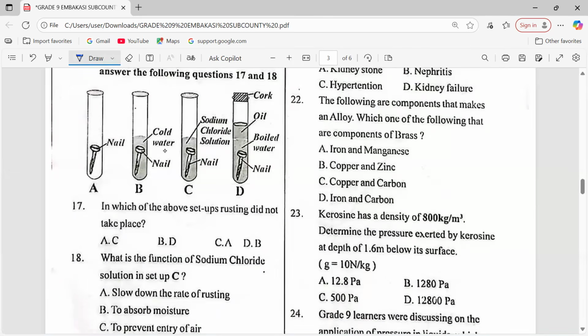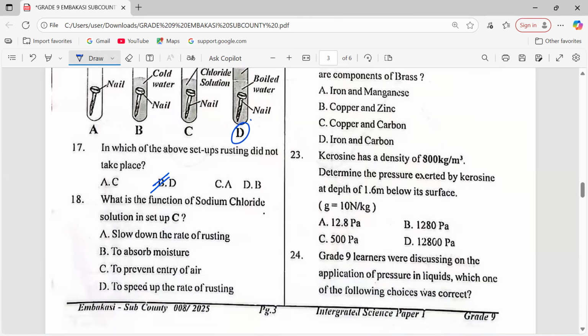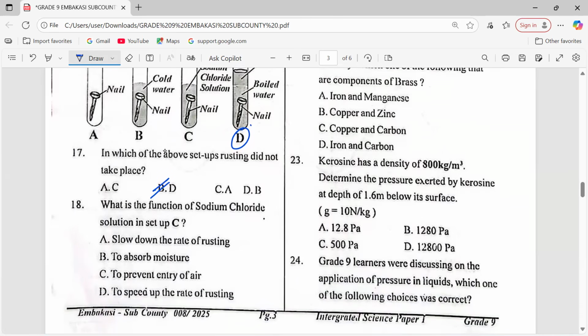In part D, we have oil, boiled water, and a nail. Now, in which of the above setups did rusting not take place? It is in D, where rusting didn't take place. So where is D? Option B is the one that gives us D as the answer.